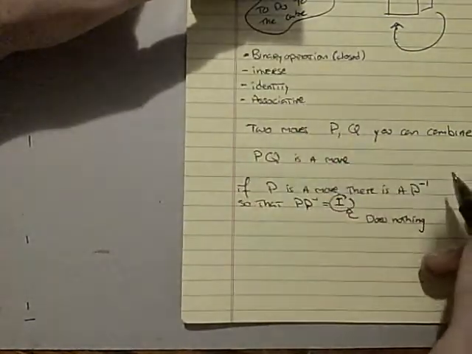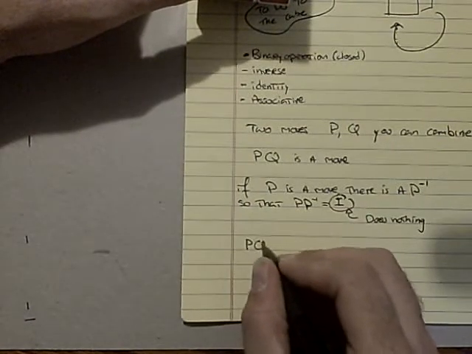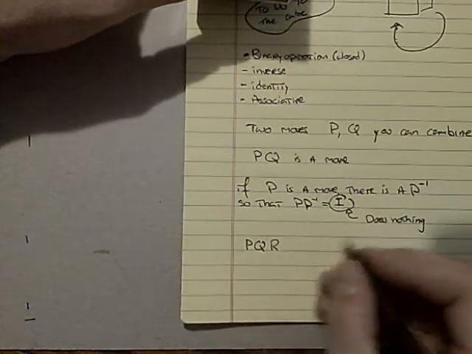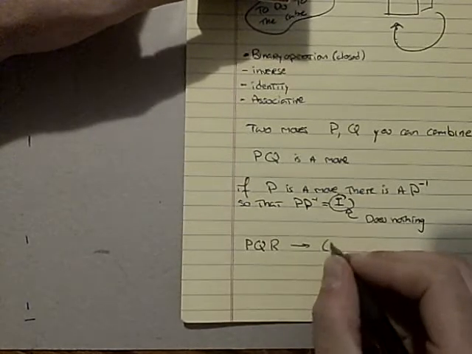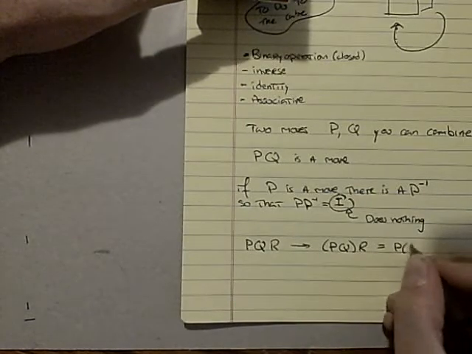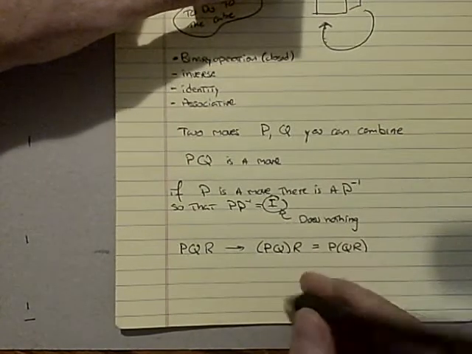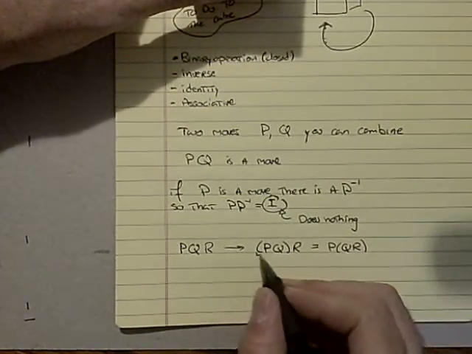Now associativity I'm not going to bother with. All that means is that if you have three moves, P, Q, and R, you can group them. PQ then R is the same as P then QR. And it's not going to have a lot of consequence for us. If I could, I'll spend a moment on this.